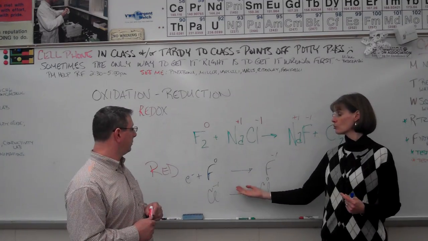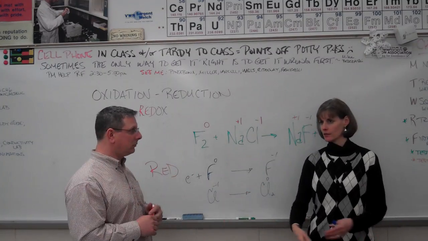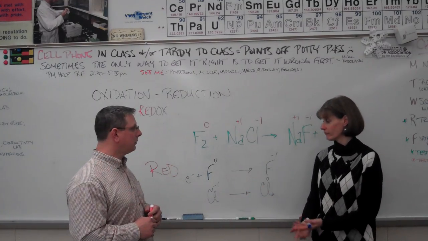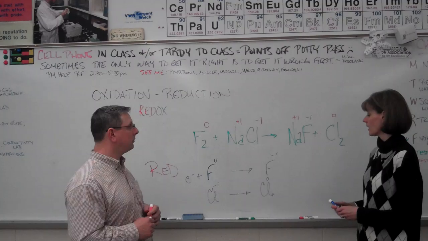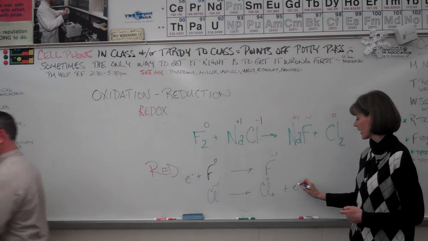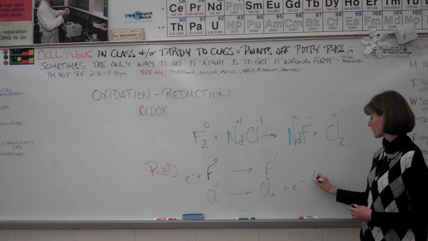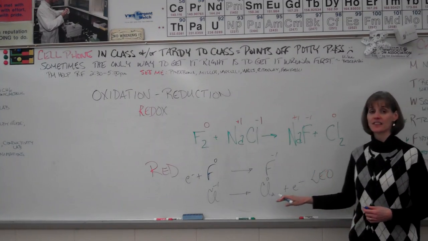To do that, it must have shed its negativity, which means it shed valence electrons. So we would have an electron on this side, and we're showing that electron being lost. So this is an oxidation equation.